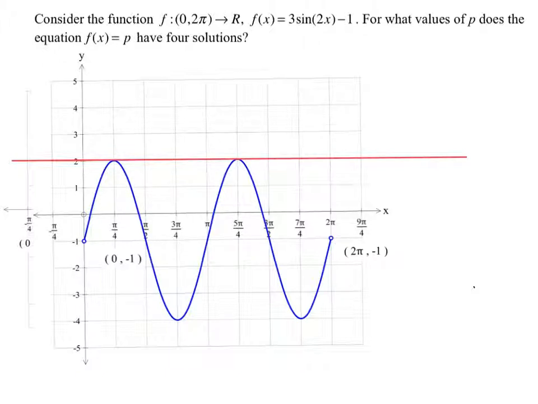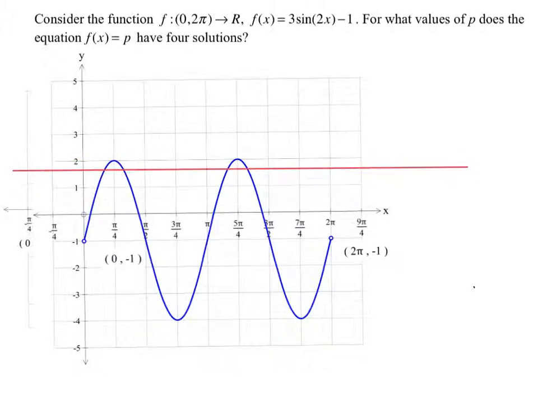So we have two solutions where the value of p is 2. But we don't want two solutions, do we? We want 4 solutions. As soon as I move this a little bit under 2, you can see straight away that we have 1, 2, 3, 4 solutions.